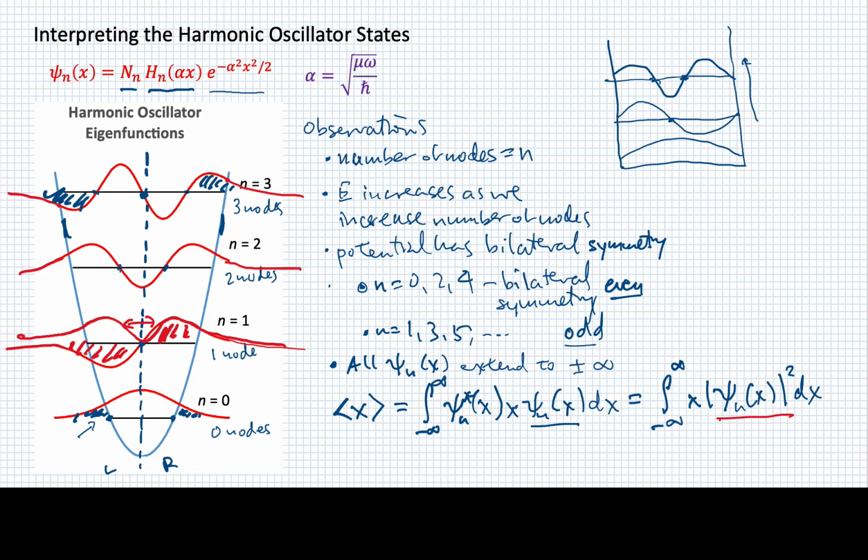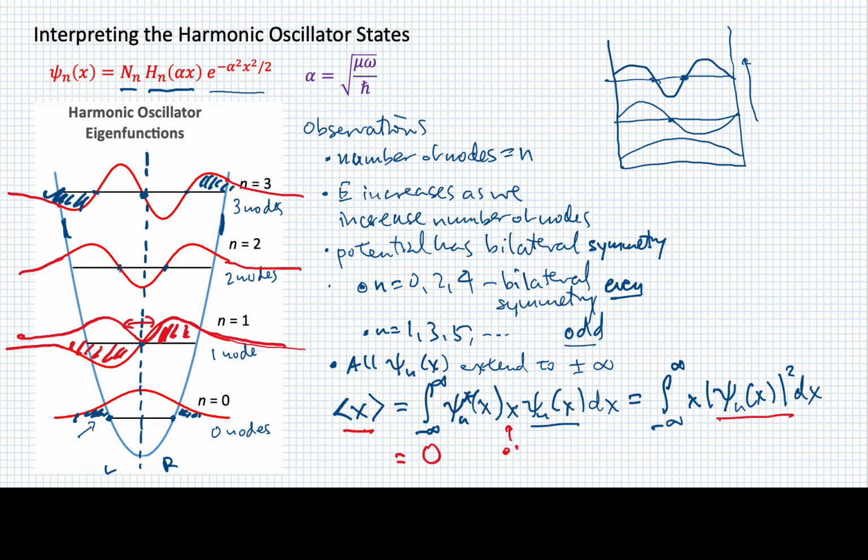Because of this quality, the expectation value, or the average value of the position, for all harmonic oscillator states ends up being 0, because we're basically multiplying an odd function by an even function. So the overall integrand here has odd symmetry. And we'll find, generally speaking, that this average value for a symmetric potential like this is going to end up being 0.